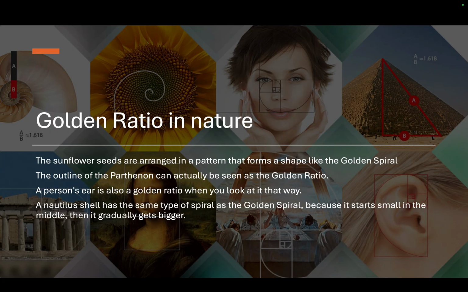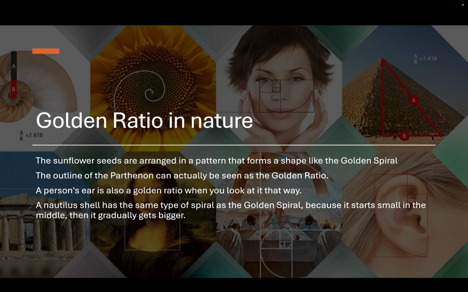Now, where can the golden ratio be found in nature? Well, sunflower seeds are arranged in a pattern that forms a shape like the golden spiral, which is also the optimal way for packing the seeds in a flower. Also, the outline of the Parthenon at a certain angle also looks like the golden ratio, as the shape of it is pretty similar.